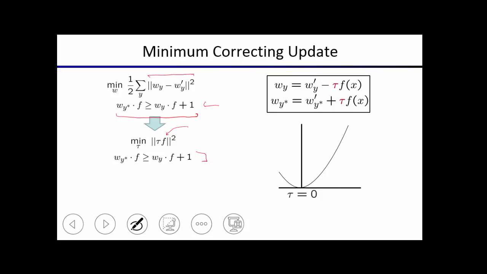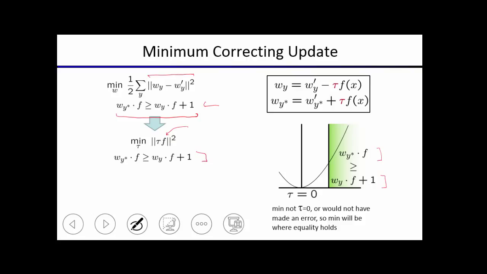But you have this constraint, and it looks like a line right here, which is the case in which your old prediction is equal to the correct prediction plus 1. To solve this, you want to find the minimum value of tau that satisfies this inequality, which is exactly at the point right here.